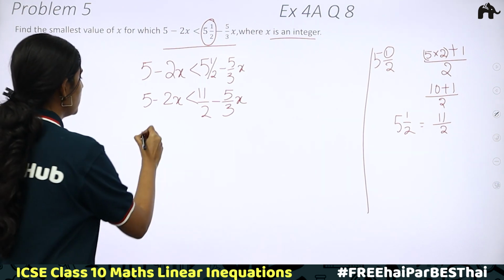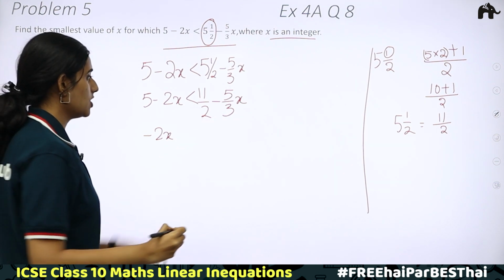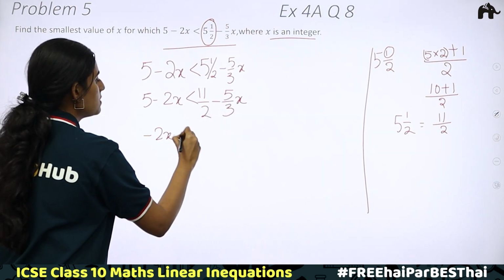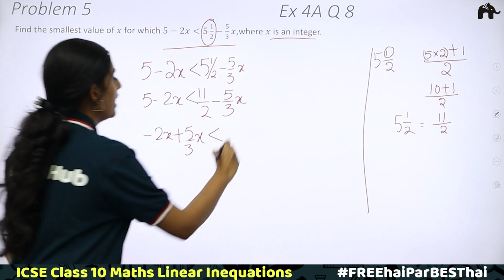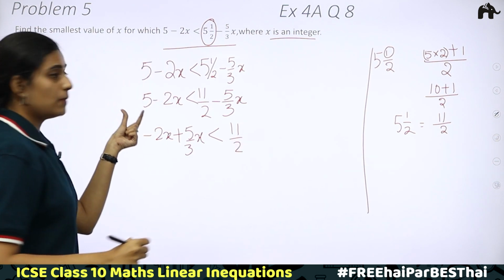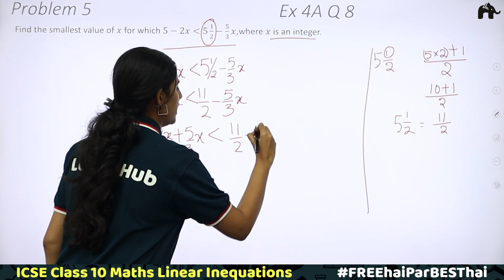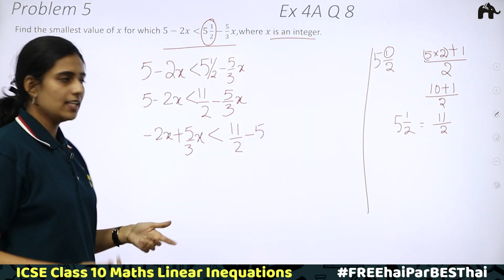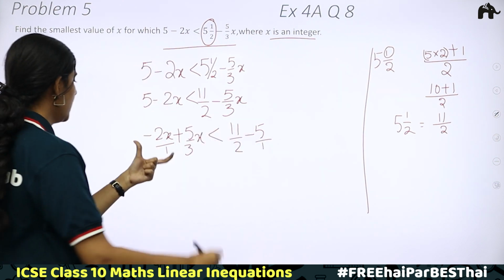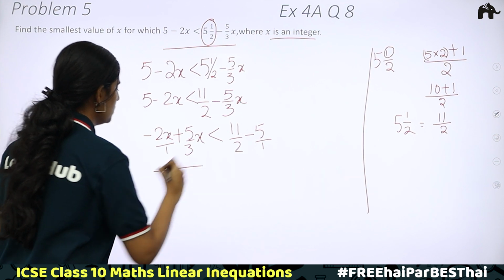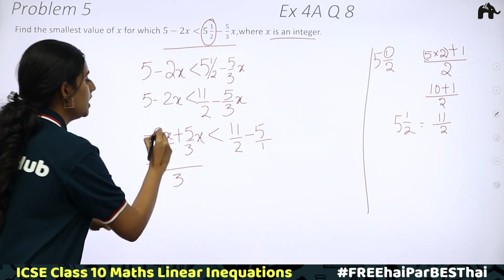Taking x terms together, minus 2x, this is our x term on the RHS, minus 5 by 3x becomes plus 5 by 3x, less than 11 by 2 plus 5, taking it to the opposite side, becomes minus 5. Next part, taking LCM. Here the denominator is 1. Here also the denominator is 1. LCM will be 3. In the numerator, we'll have 3 into 2x.